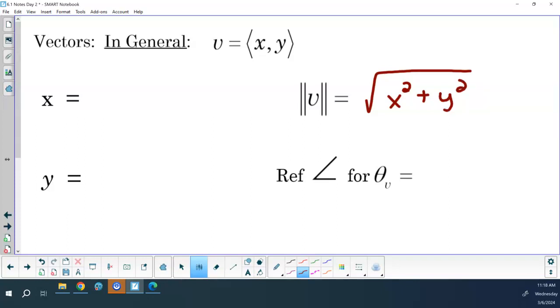I can find the reference angle for my direction angle by taking the inverse tangent of y over x, but I have to remember to drop my negative sign.